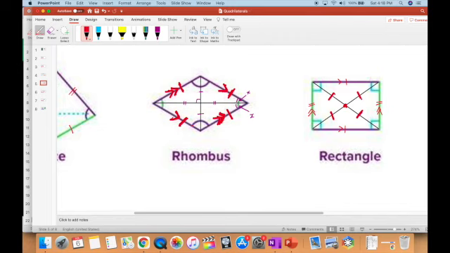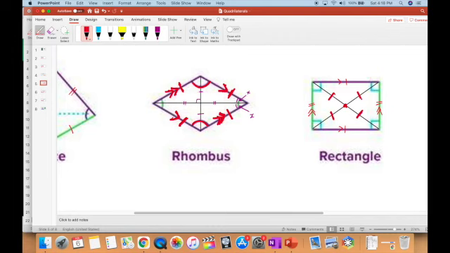Remember, in a rhombus, just like a parallelogram, because a rhombus is a parallelogram, your opposite angles will be equal. And you could use your alternate angles rule with the transversal to prove that.